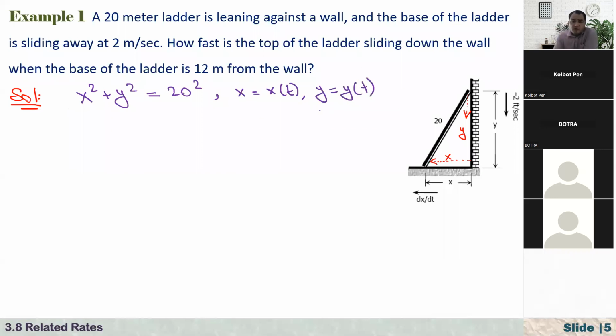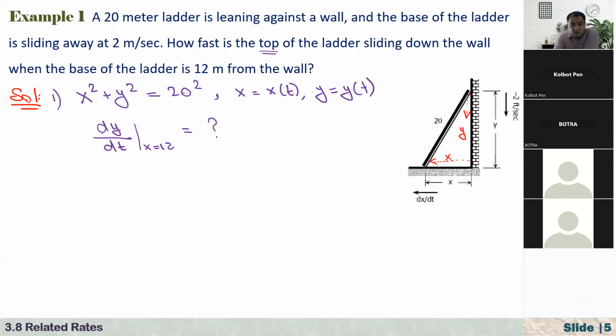So now I'm going to find dy/dt here, because the question is asking how fast the top of the ladder is sliding down the wall when the base of the ladder is 12 meters from the wall. That means we need to find this dy/dt when x is 12 meters away from the wall.